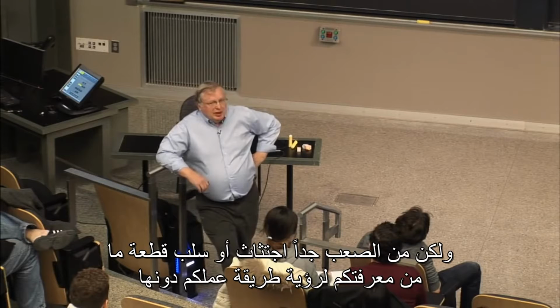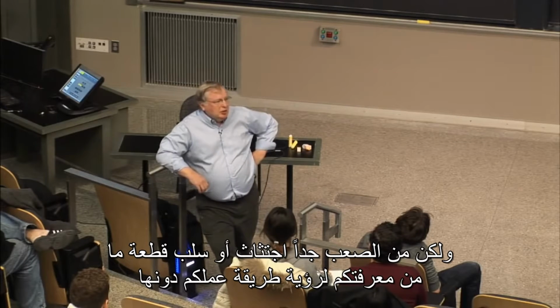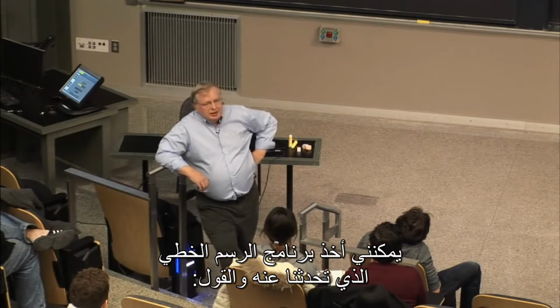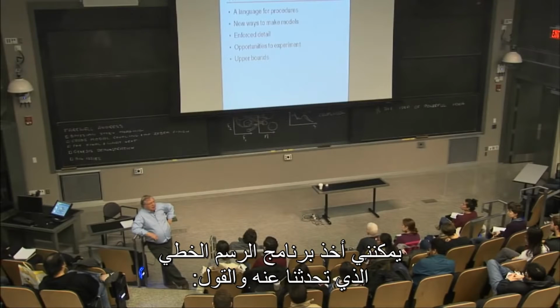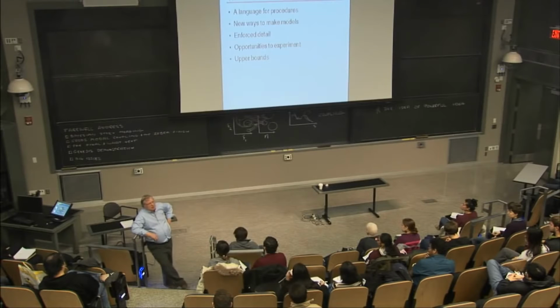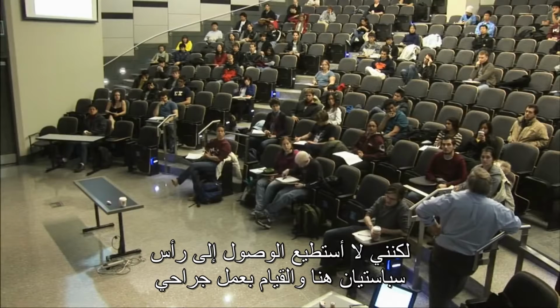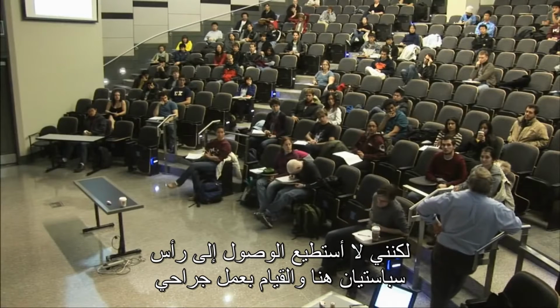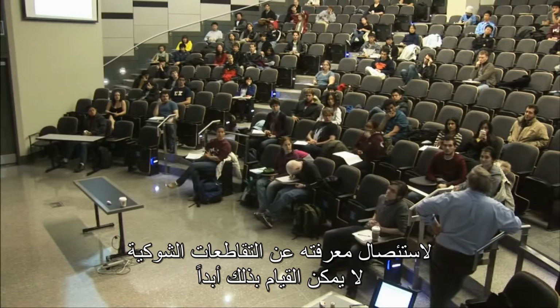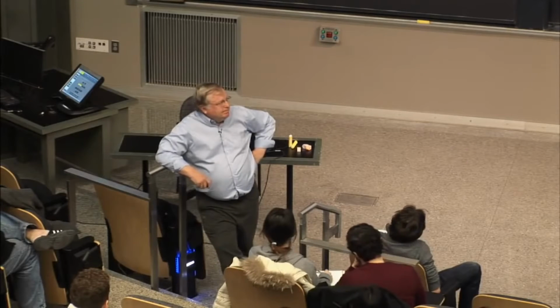But it's very difficult to ablate or take away some piece of your knowledge and see how you work without it. I can take the line drawing program that we talked about and say, how will it do if it doesn't know anything about fork junctions? And we can determine an answer. But I can't reach into Sebastian's head here with this surgical procedure and take out his knowledge of fork junctions. It just can't be done.